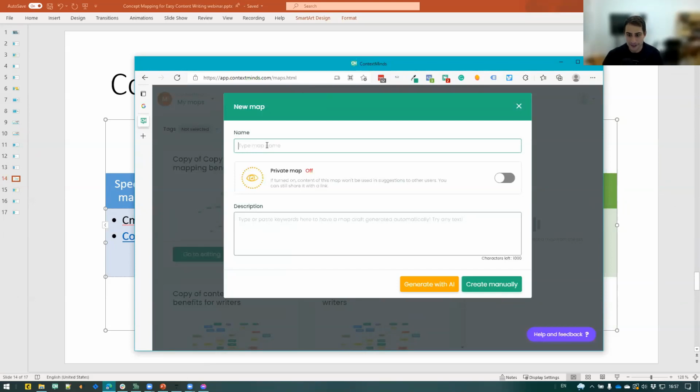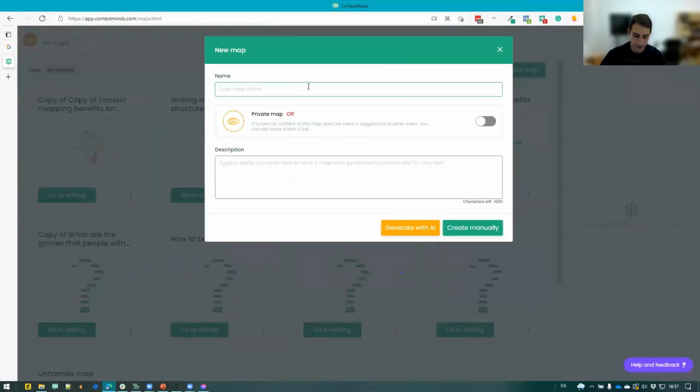But in case of concept mapping, this is a very important first step where we should not only come up with a general topic like working from home, but I should already come up with what's called a focus question, which will, as the name says, give me more focus on what to include and what to write about. So let's say in our example, instead of having this general topic, I would come up with a focus question of how to stay productive when working from home.